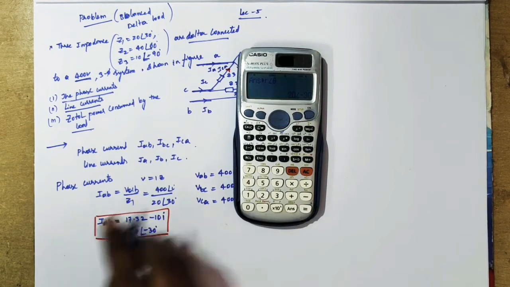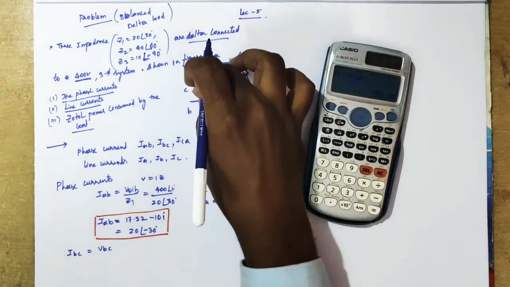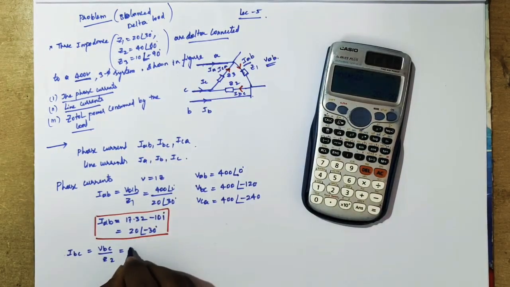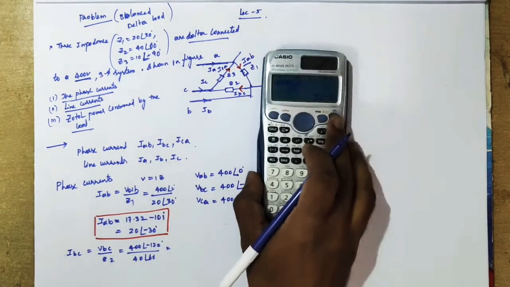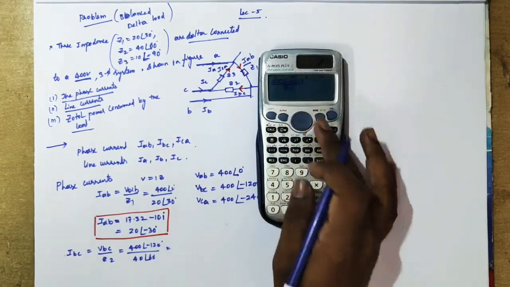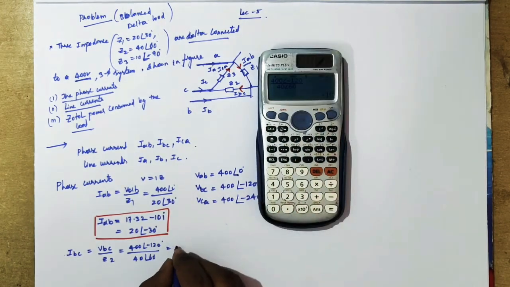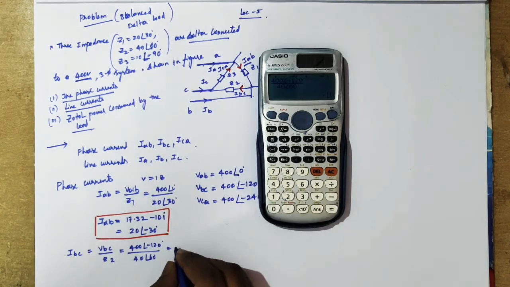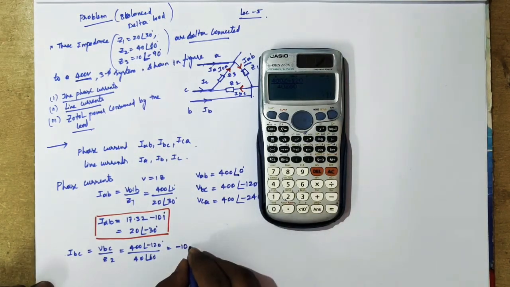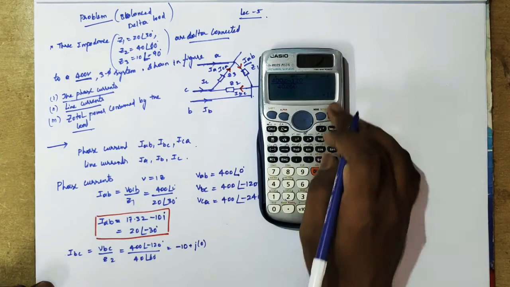Now for phase current IBC, we take VBC by Z2. VBC is 400 at an angle of minus 120 degrees, and Z2 is 40 at an angle of 60 degrees. Calculating 400 at an angle of minus 120 degrees divided by 40 at an angle of 60 degrees, you obtain minus 10 plus j0, since the imaginary part is 0.